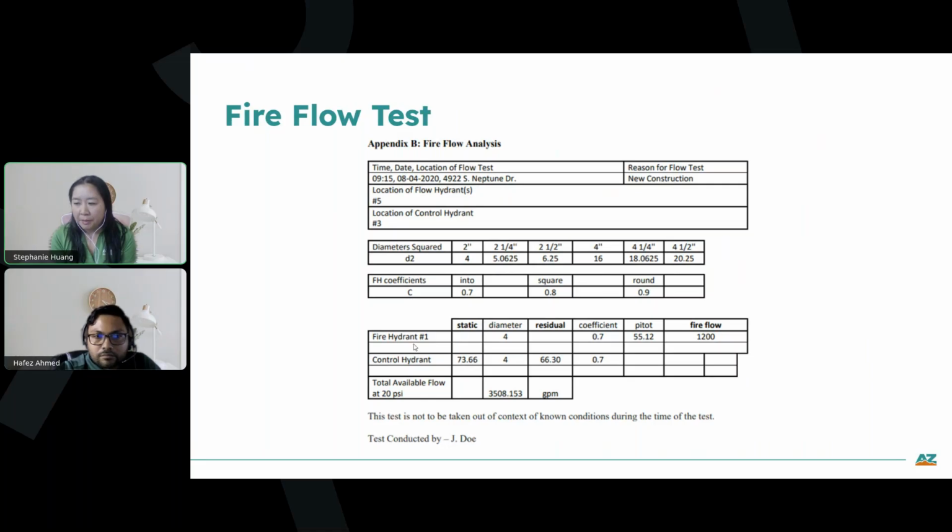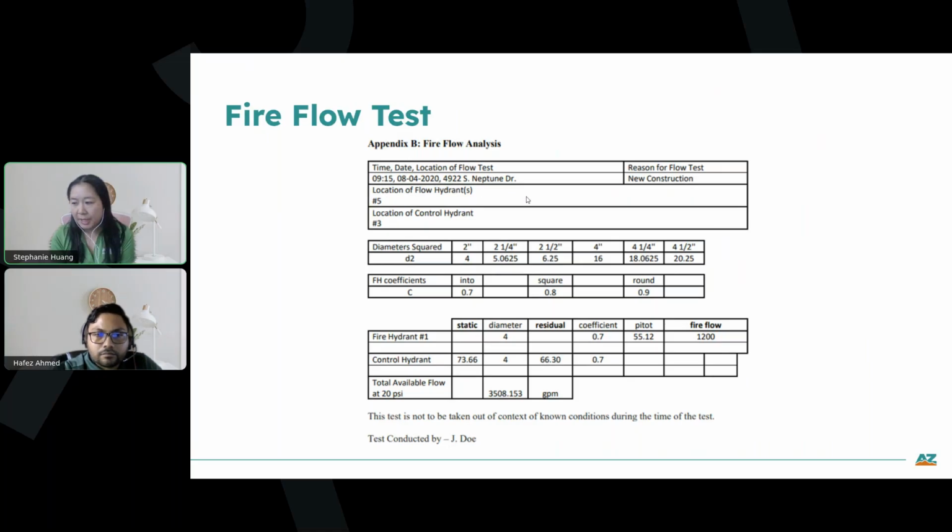For example, the two different hydrants, the pitot pressure, the fire flow, static and residual pressures, the total available flow, and your name. So in this case, you could see that the date here is not recent enough. 2020, it will be our deficiency, and we will let the applicant know you need to submit a more recent fire flow test, or like Nicole said in her presentation, we will require the fire flow test at the AOC stage.